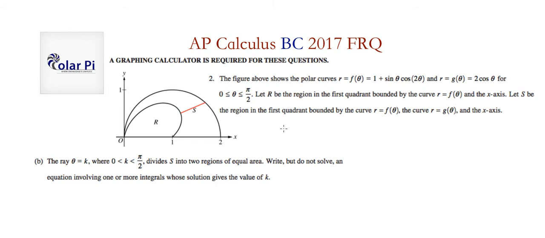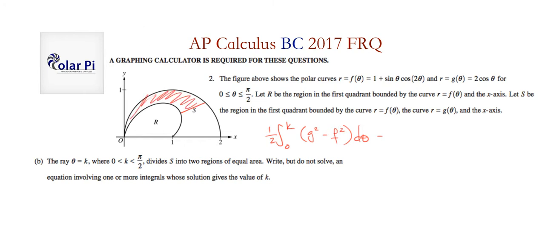One of them is to say, since this is theta equals k, the integral from 0 to k of 1/2 of g squared minus f squared d theta, and it's the region S. Right now what I wrote is an expression for this area here, and we need that to equal this here.